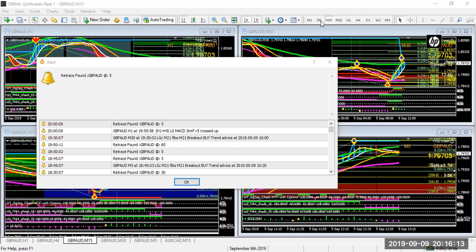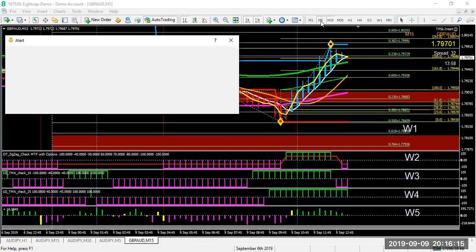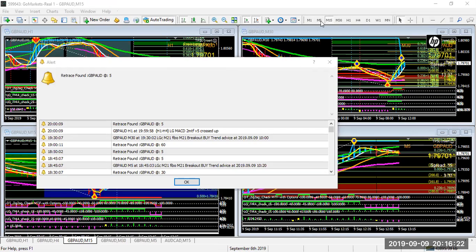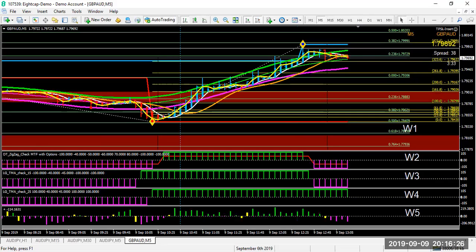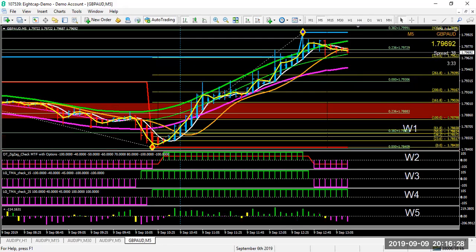Bear with me as I move down to 5 minutes to see if there's something there. Okay, so over here, it might just be pulling back, go up.